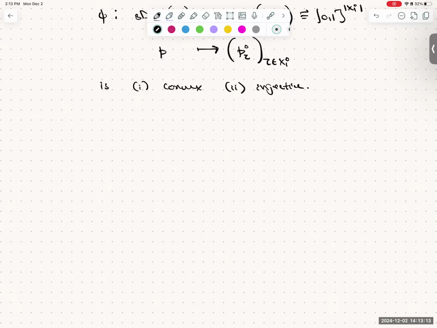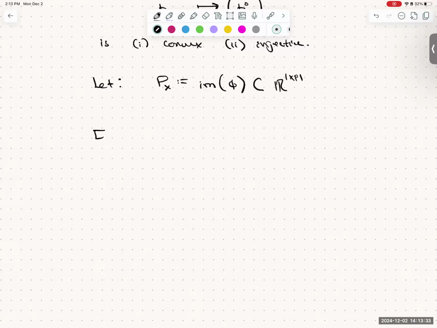We'll define this image as just P of X, which is a subset of R^X1,0.